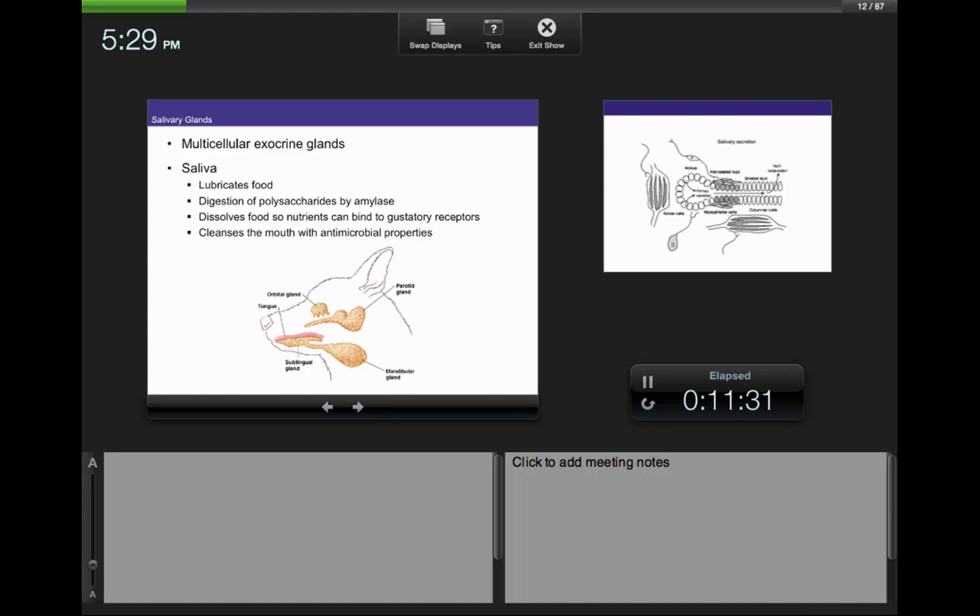Saliva lubricates food, digests polysaccharides by secreting amylase, and dissolves food so nutrients can bind to taste receptors. And then it secretes antimicrobial agents to start to eliminate bacteria in that area.